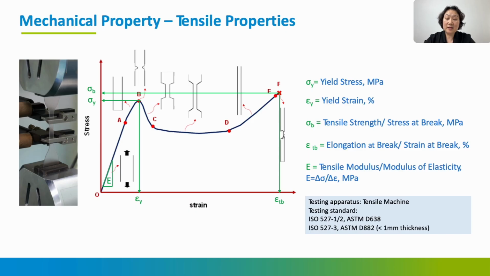Tensile properties are key parameters for polymers, measured using a tensile machine. This page shows a typical stress and strain curve of a polymer.